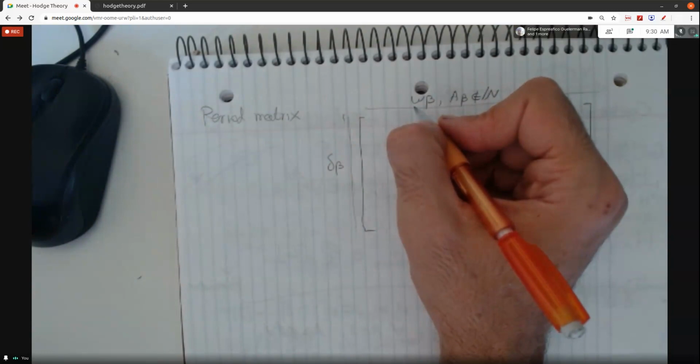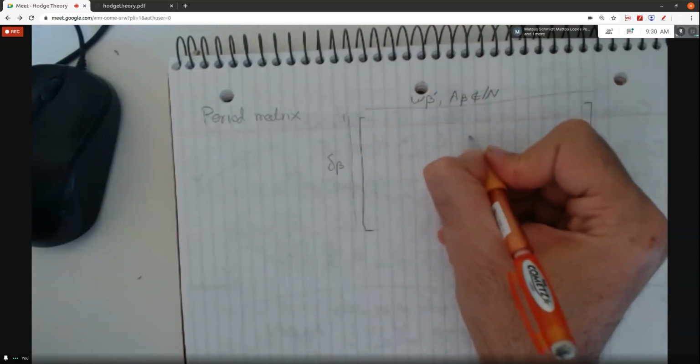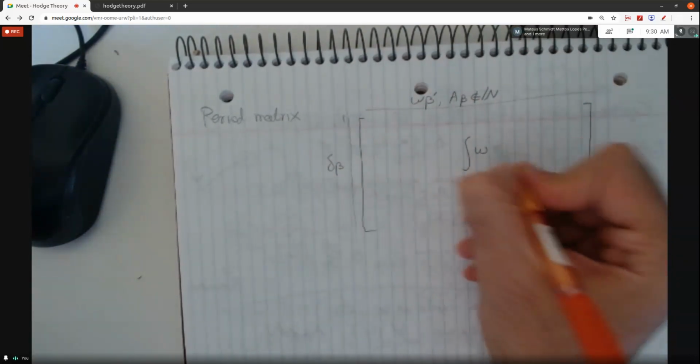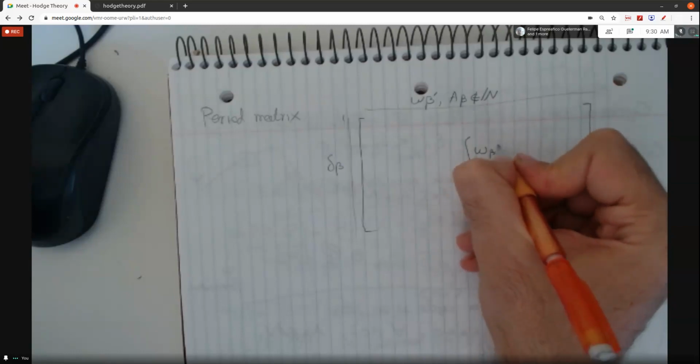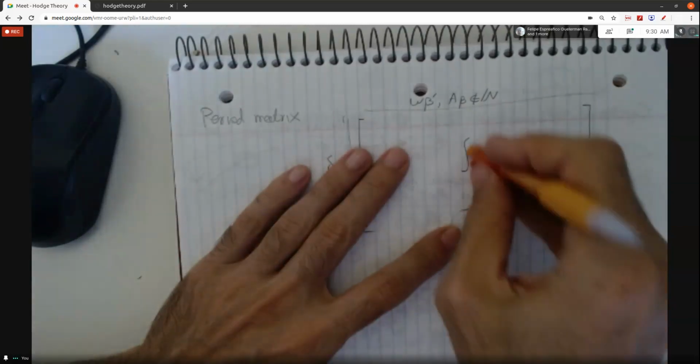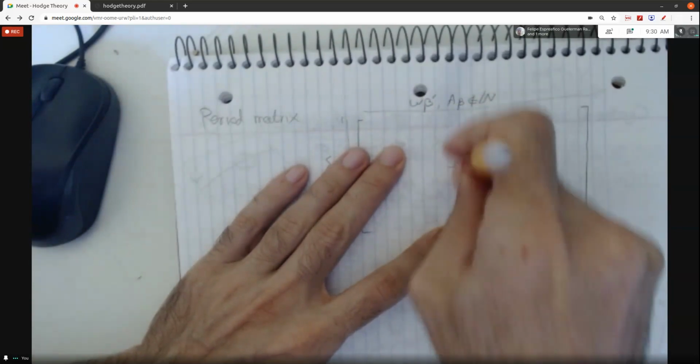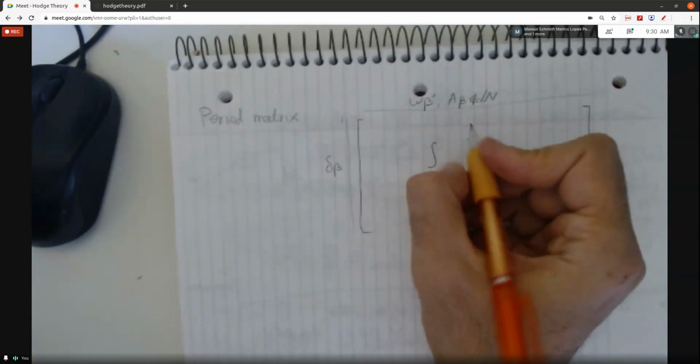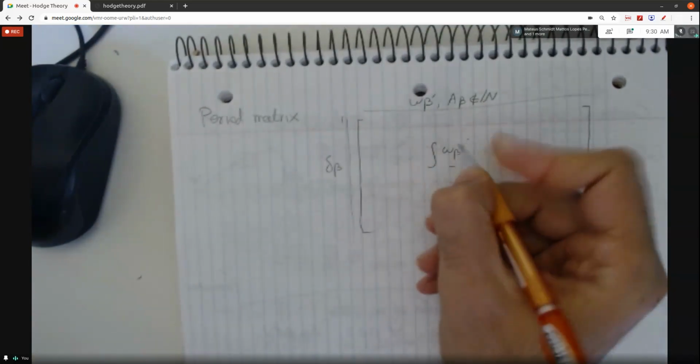Let's see which one will be beta prime. So at the end I will integrate omega beta prime. So the beta prime entry is this integration.